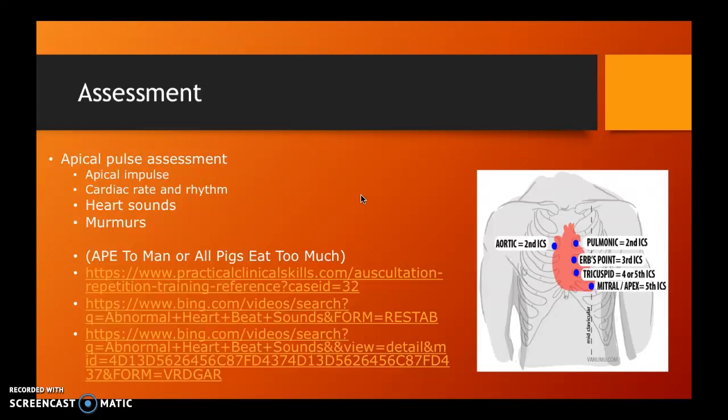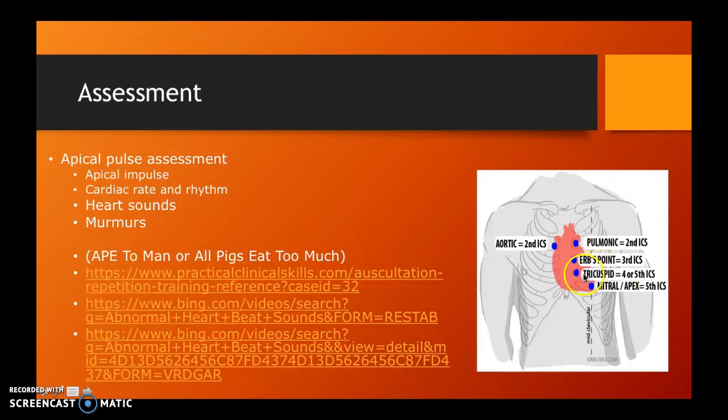The reason that you count it there as opposed to the fifth intercostal space, or the actual apex of the heart, is that it is louder at Erb's point. So that's where you can place your stethoscope, count for 30 seconds if it is regular. If it's irregular, you need to count for 1 minute. If it is very irregular, you may have to start over in your counting.